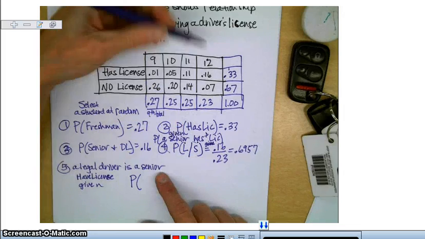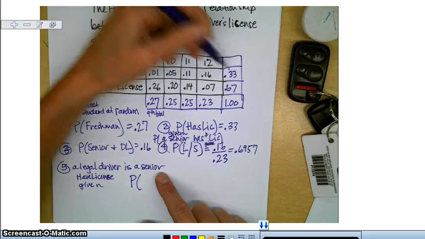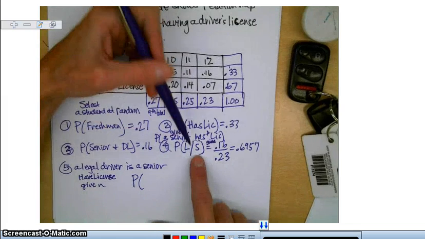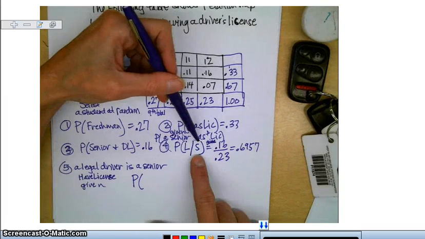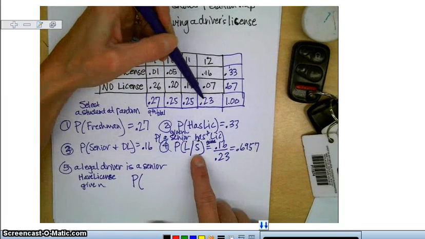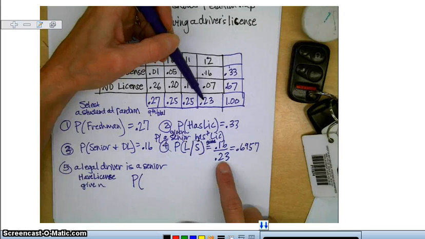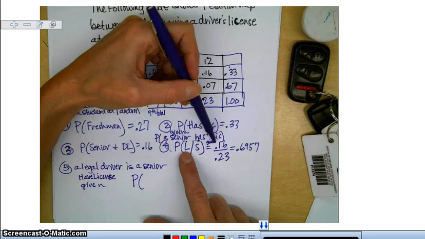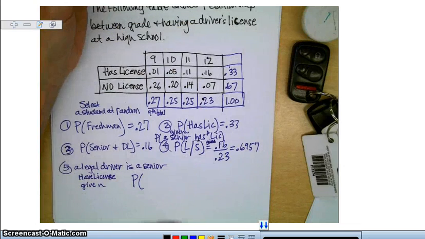What this does in your two-way table is it narrows you down to a row or column for the bottom number. So in this case, the fact that we knew that they were a senior narrowed it down to the fact that we were only dealing with 23% of the population. And of those, the ones that had a license were 0.16, so we divided those to get the probability.